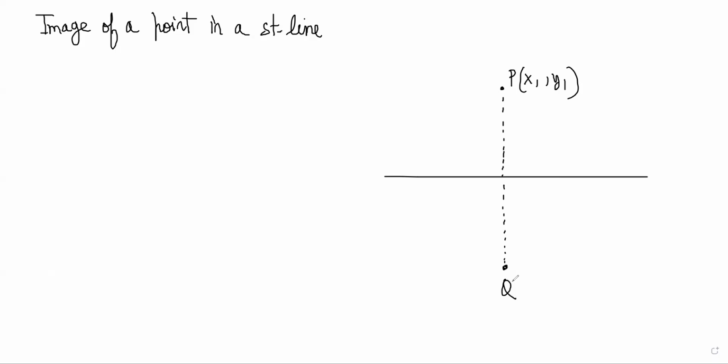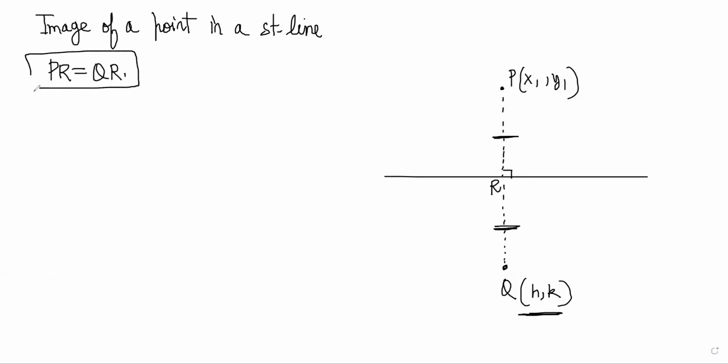Q is the reflection of the point in the straight line. So this is h comma k. Now my job is to find this h comma k. Again, this is perpendicular and this distance is equal to this distance. You can call this as R. So basically PR is equal to QR because the line acts as my mirror. Line is the plane mirror and this is the image of P in the line. Line equation is AX plus BY plus C is equal to 0.